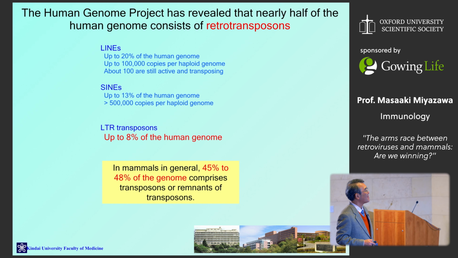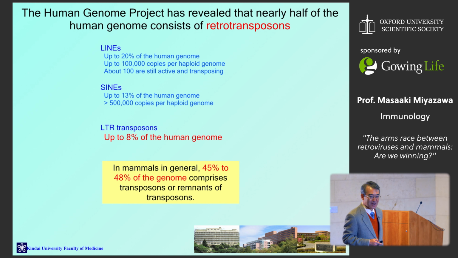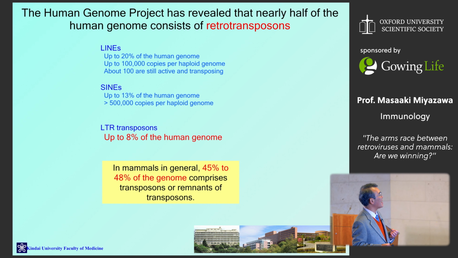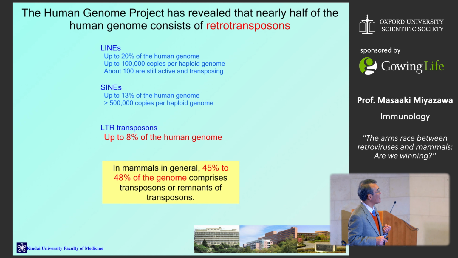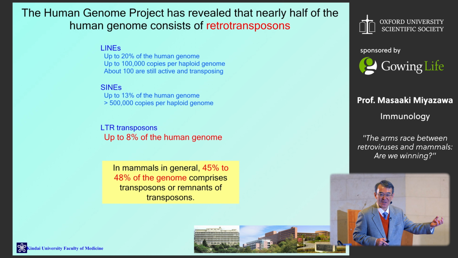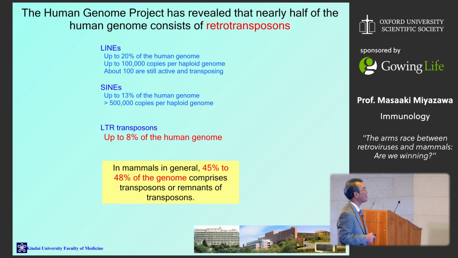And about 8% of our genome actually consists of LTR-containing retroviruses that can make infectious particles if they are expressed, okay?